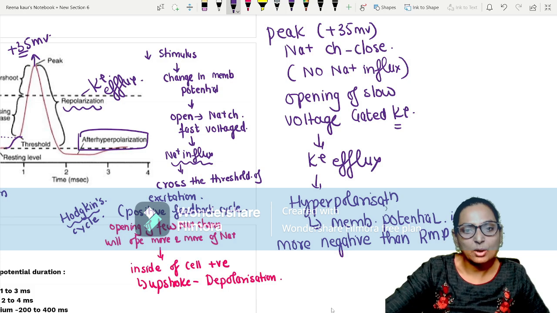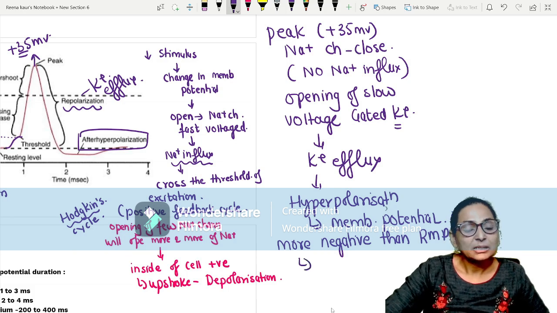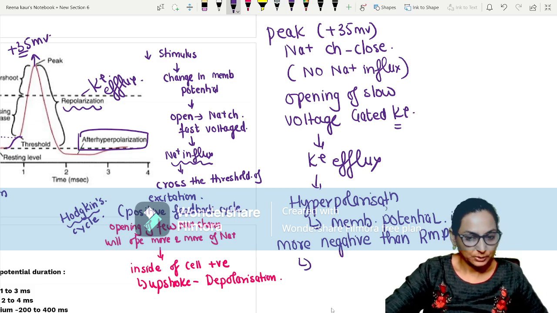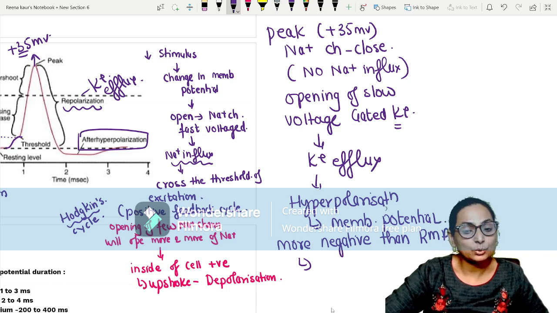What is the cause of this hyperpolarization? We have seen that the potassium channels are slow. They are slow to open, they are slow to close.